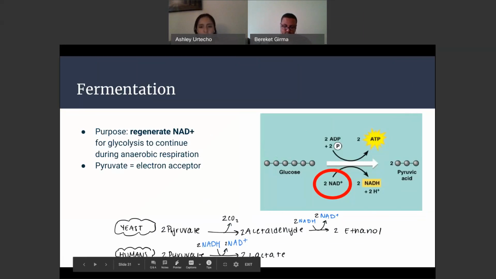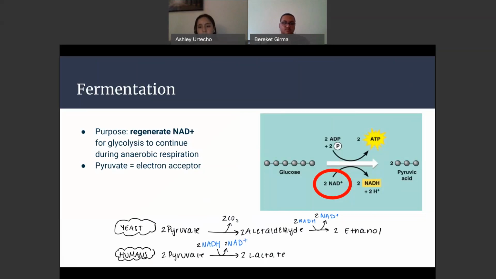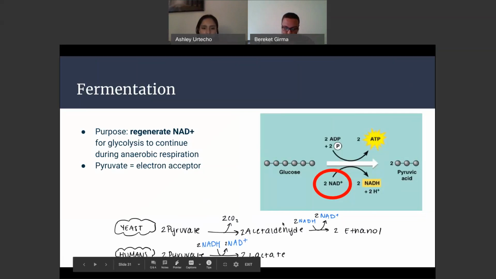The pyruvate has to be decarboxylated into acetaldehyde, and acetaldehyde will act as the electron acceptor. What I mean by that is, in the human reaction, pyruvate will accept this hydrogen from NADH, and it will be converted into lactate to make NAD+. This NAD+ will then be fed into glycolysis.